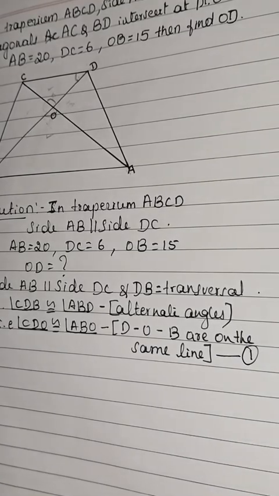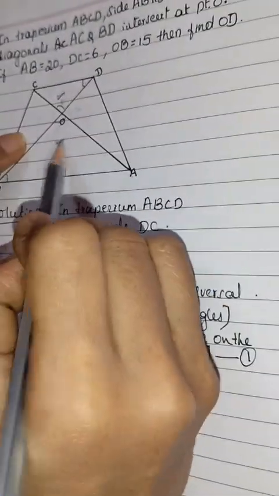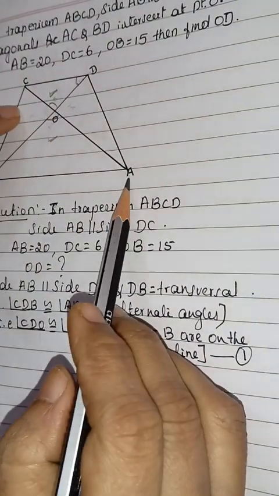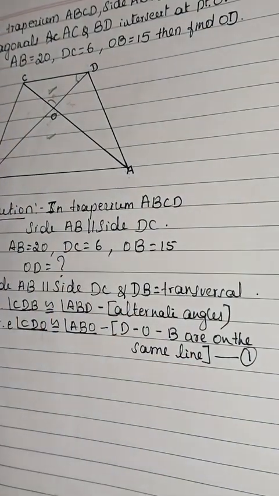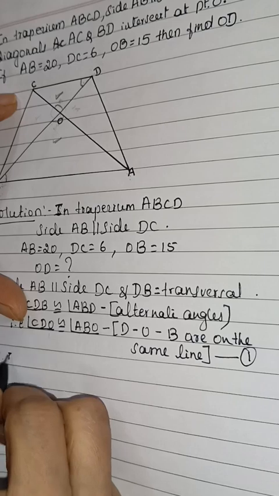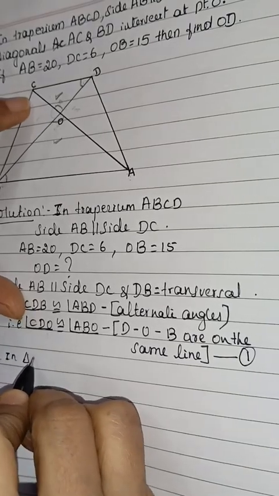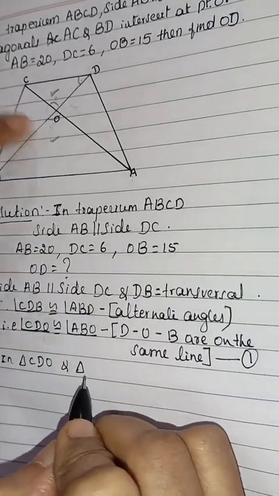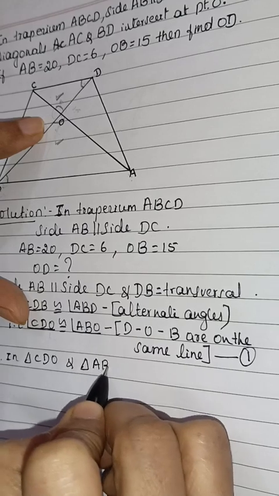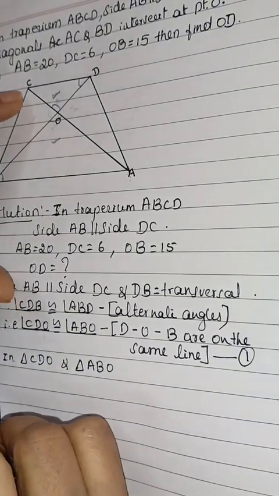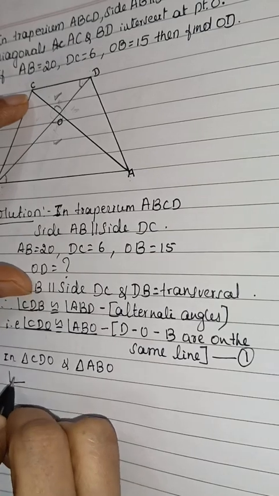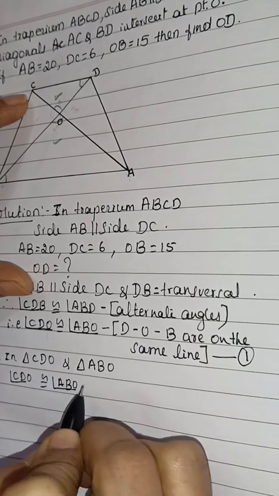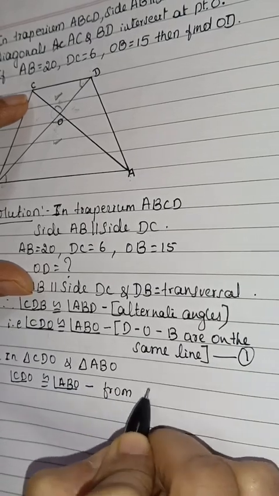Now we got these two similar triangles. In triangle CDO and triangle ABO, angle CDO is congruent with angle ABO, because it is from equation 1.